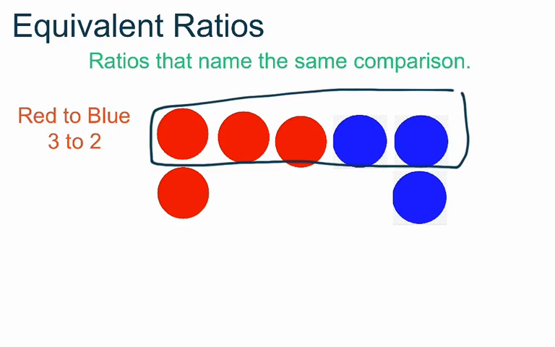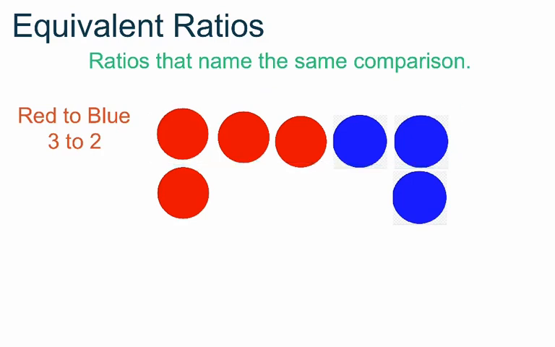So we have to be careful, because if you're going to use addition and subtraction in a ratio, you actually are going to have to add or subtract the ratio. What I mean by that is we can go back to the definition we've talked about before: there are 3 red for every 2 blue.